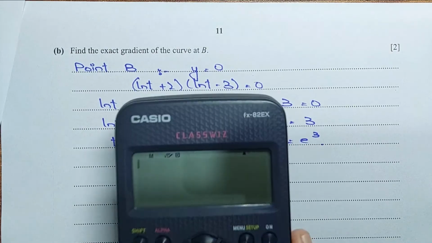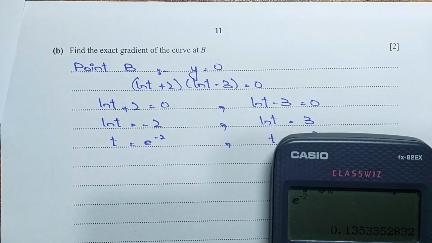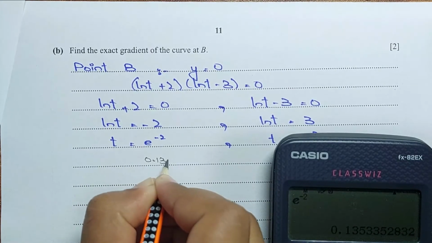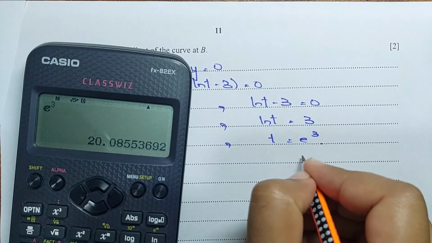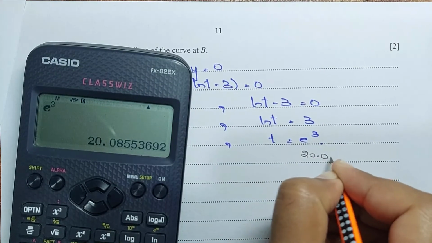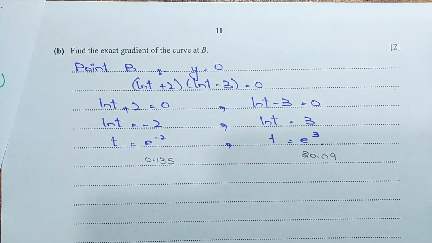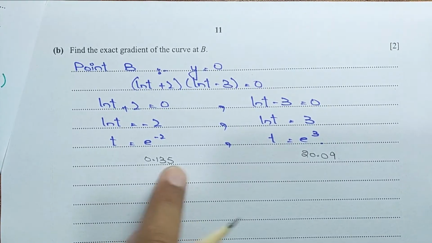So if I simplify, e power minus 2 is 0.135, and e power 3 is 20.09. This would be the x coordinate of A, and this would be the x coordinate of B.